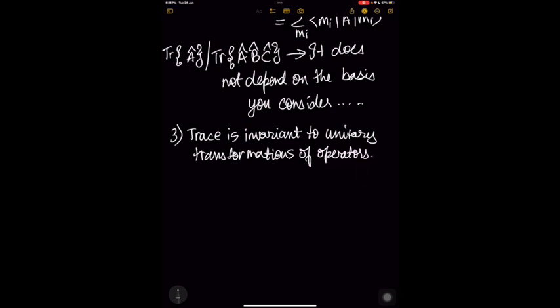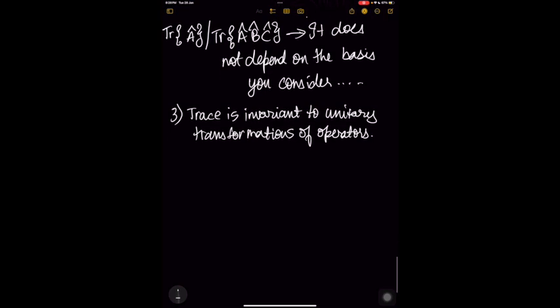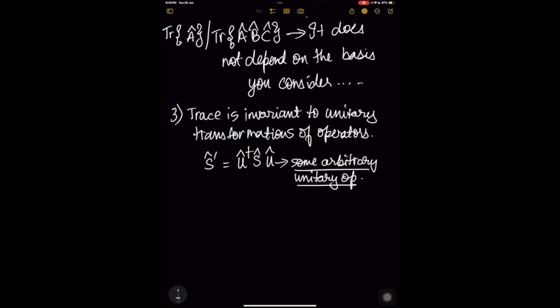Let's just say a unitary transformation is performed using some unitary operators, of course. So let's just say you want to transform some operator S. The transformed operator would be U hat dagger S U hat, where U is some arbitrary unitary operator. So it's essentially just a rotation operation in the Hilbert space.